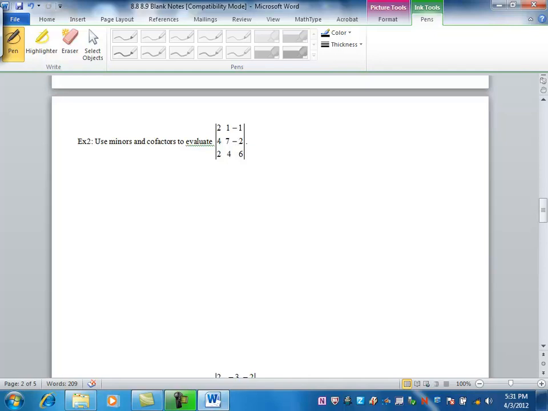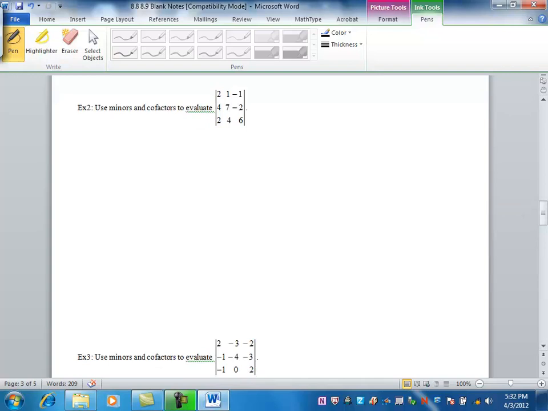You see, if we considered finding the determinant using row 2, we'd have to multiply the elements by 4, 7, and -2. And so I don't know that we necessarily want to do that. So let's take a look at how to find this determinant.